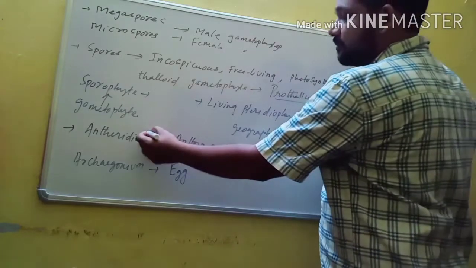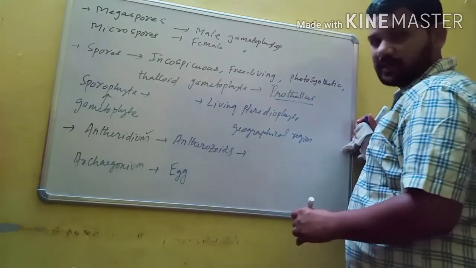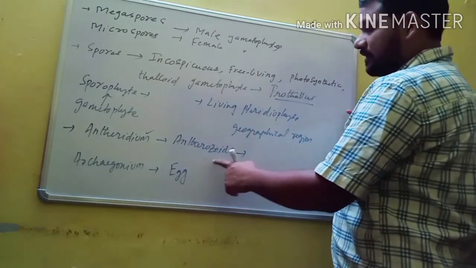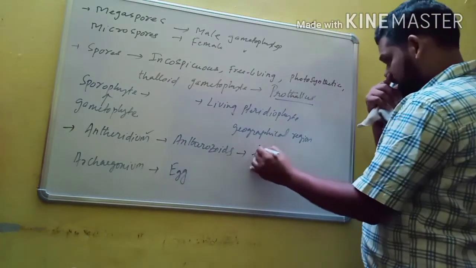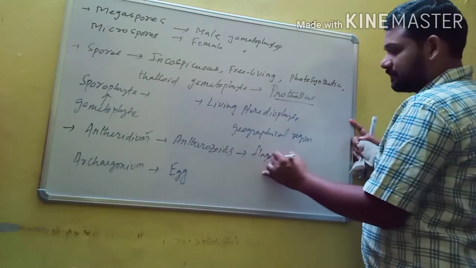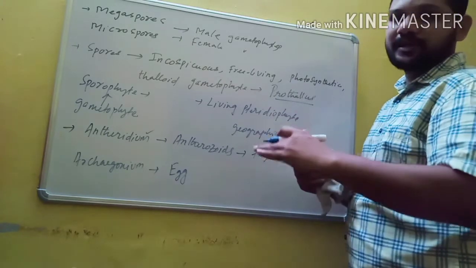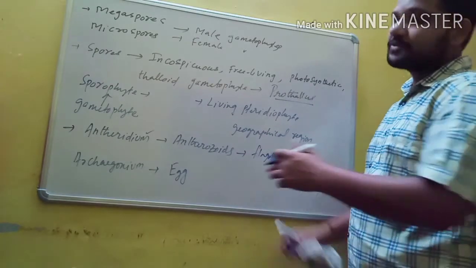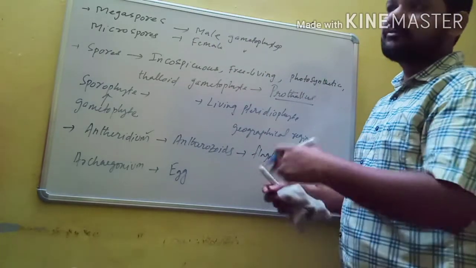The male reproductive organ produces the male gamete, and the female sex organ produces the female gamete. Antherozoids are flagellated, meaning flagella are present. For the free swimming of antherozoids, an external sheet of water is required. That's why pteridophytes are also called amphibians of the plant kingdom.